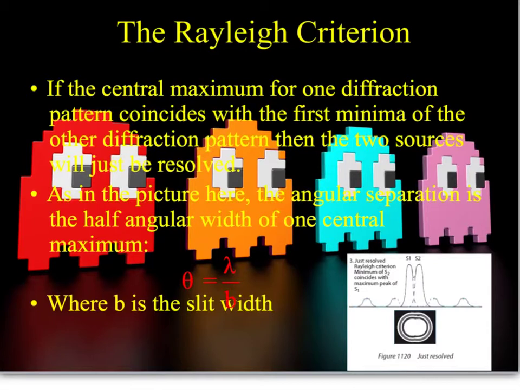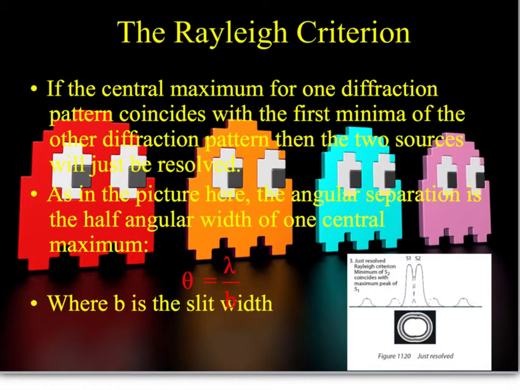Now, this Rayleigh criterion says that if the central maxima, so the brightest maxima, the primary maxima for one diffraction pattern, coincides with the first minima of the other diffraction pattern, then the two sources will just be resolved.